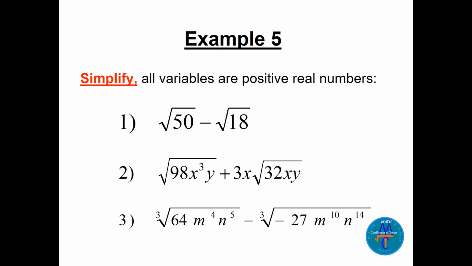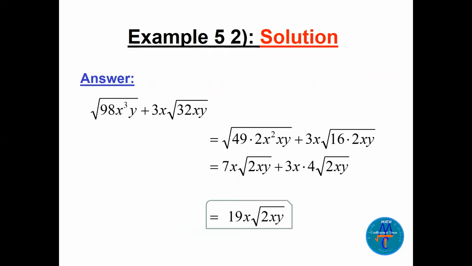Okay, I think now you have finished number 2. Let's see number 2. The answer is 19x square root of 2xy. If you get this answer, then you are good. So 98, what is 98? The index here is 2, so I think of 98 as 49 times 2, because I need something squared, 7 squared. 32, I can break it down into 16 times 2.